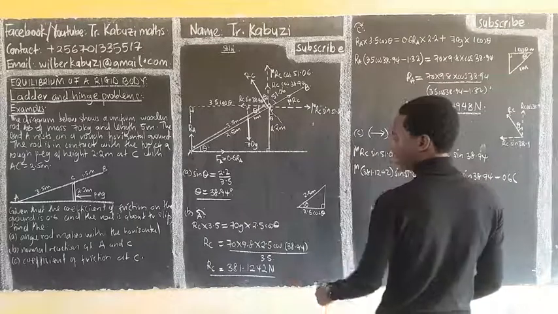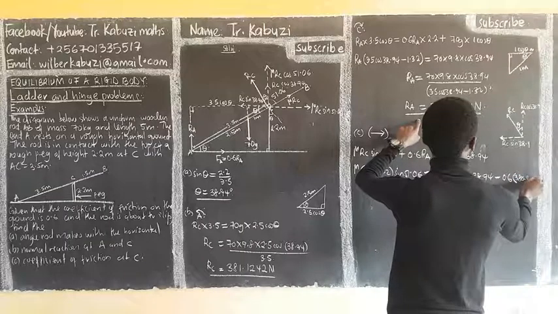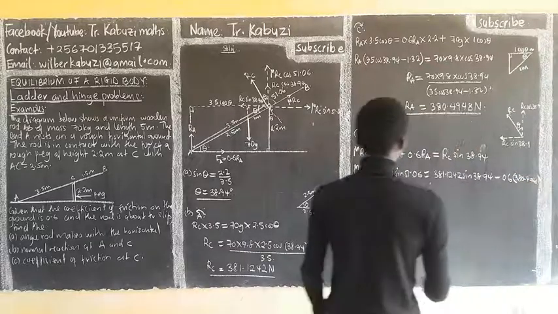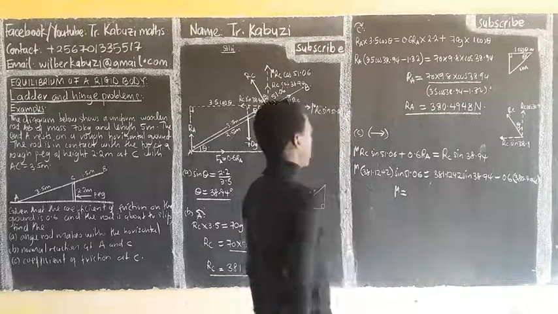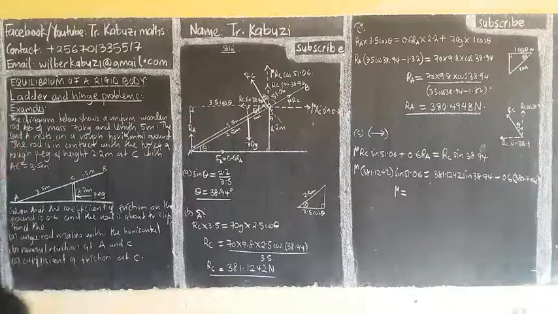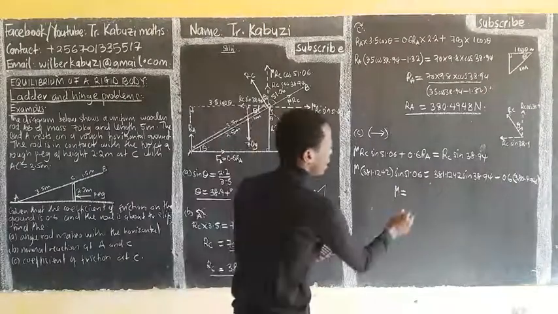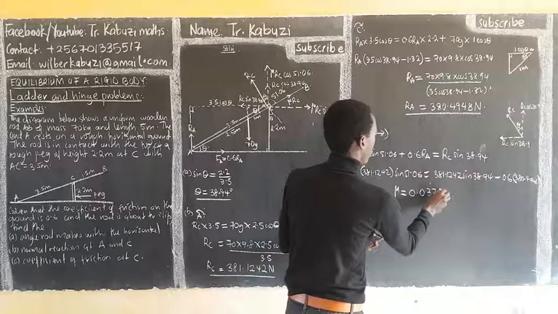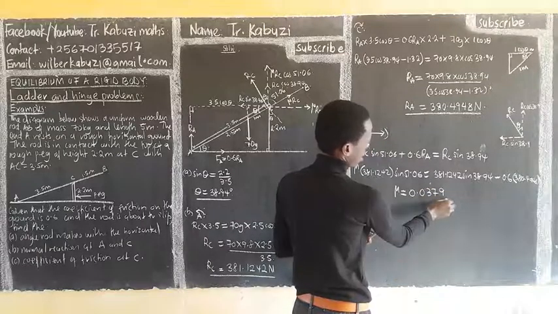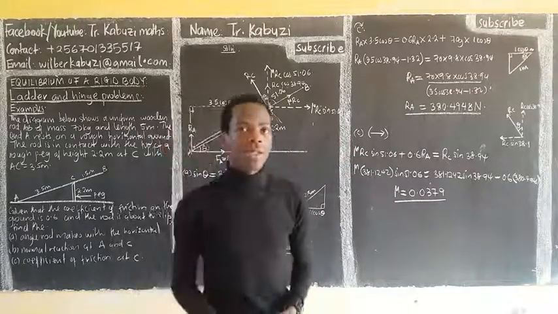My RA is 380.4948. So from there, I can get our mu as 0.0379, and that's going to be our coefficient of friction at C. So that's it, members. I wish you well.